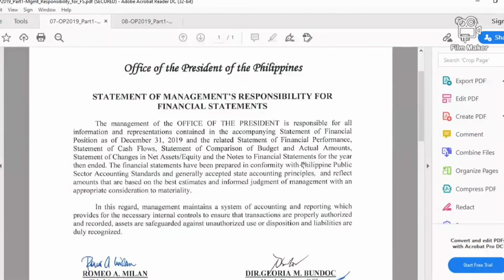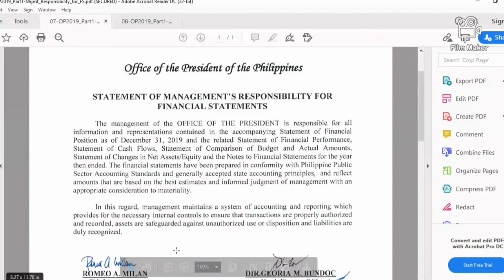Also, in the statement of management responsibility, nakalagay din kung ano yung standard na ginamit in the presentation of FS. Sabi dito, it is in accordance or conformity with the Philippine Public Sector Accounting Standards or PPSAS.